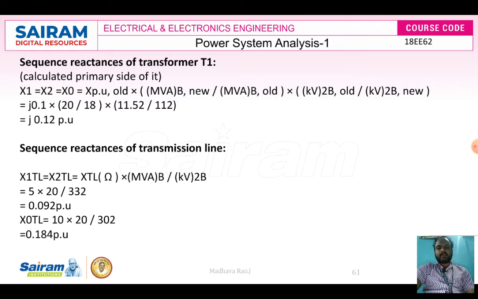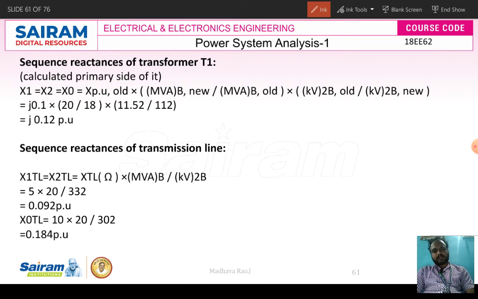For the transmission line, the positive and negative sequence reactance is equal to j0.092 per unit, and the zero sequence reactance on the transmission line is j0.184 per unit.